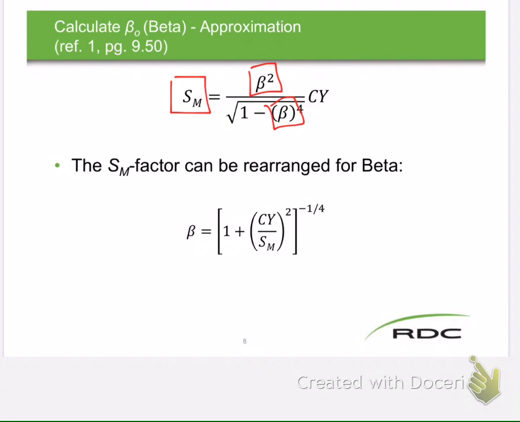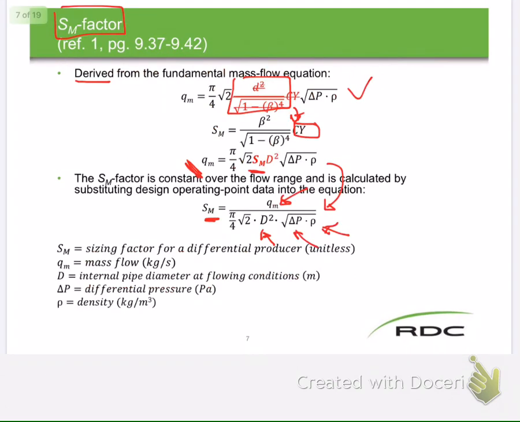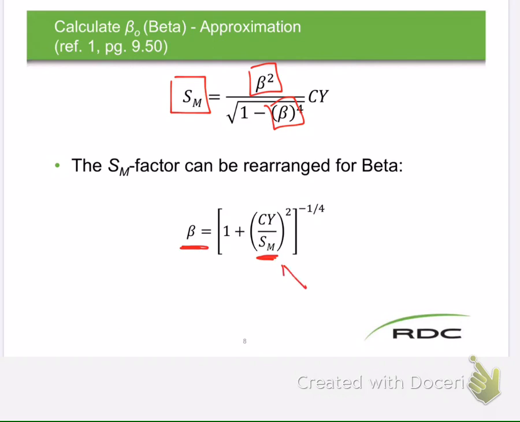We're going for our beta naught here, and so you can see how it has been rearranged down here to solve for that. SM is now plugged in right here. So the value SM that I underlined right there would be coming from all of this, plugging in right here. And then we'd be able to solve for beta here.